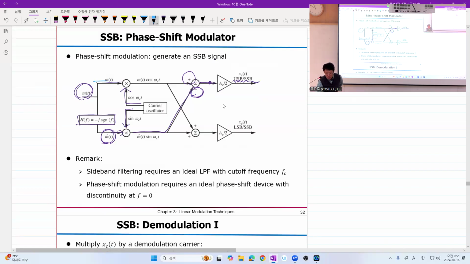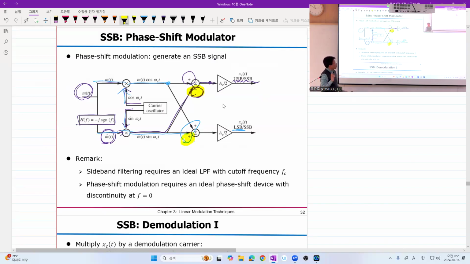Similarly, you have cosine. Now you have m hat times sine, and just add. Then you have LSB. So what is important is this one actually and that one, right?